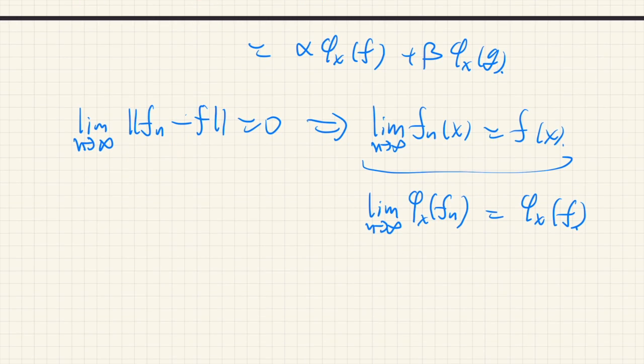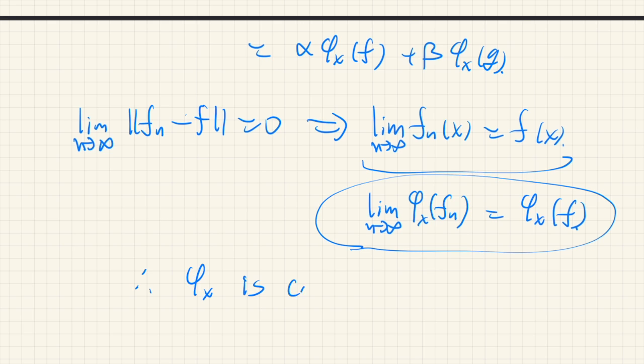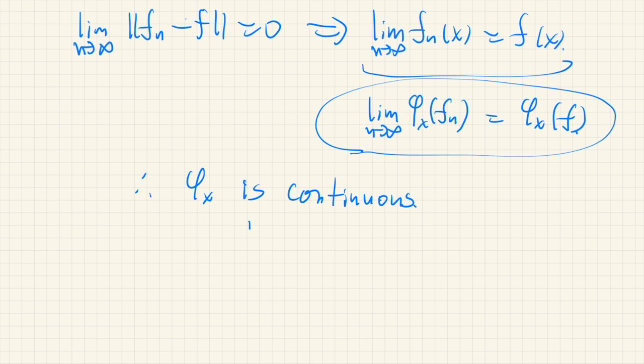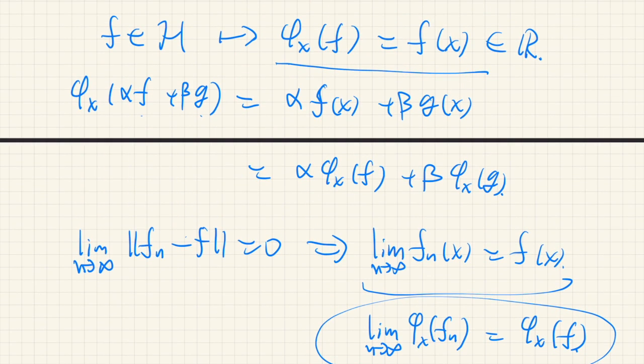So this means phi_x is a continuous functional. And previously, we have proved that this is equivalent to phi_x being bounded. So that means phi_x is bounded and linear.